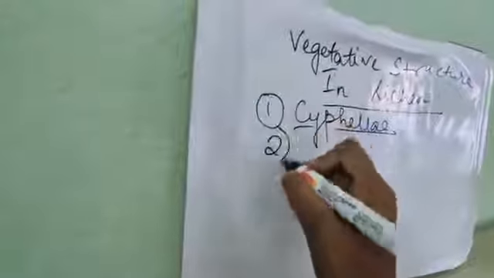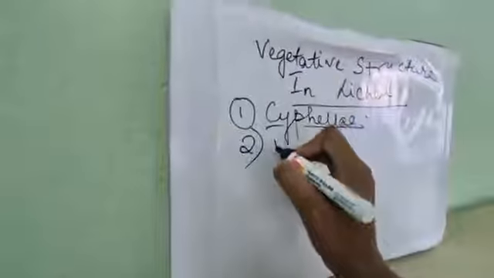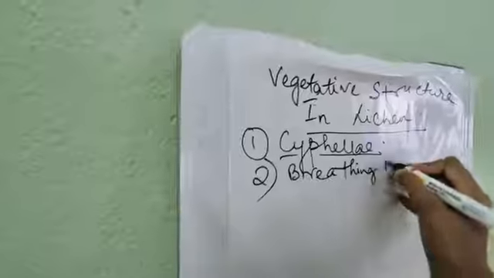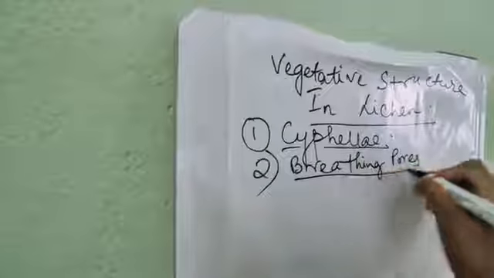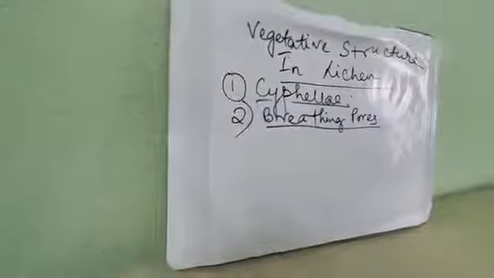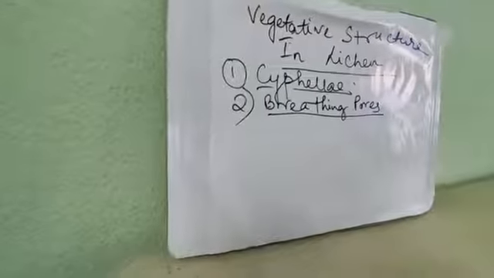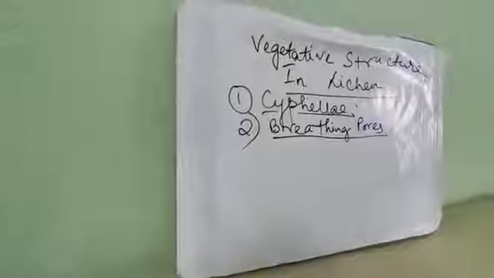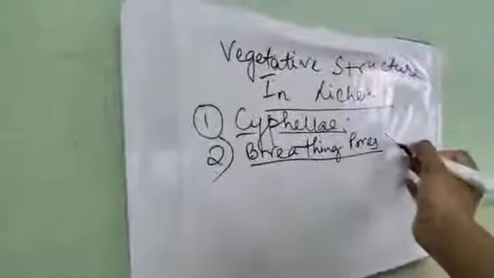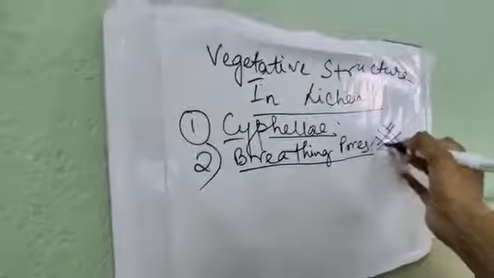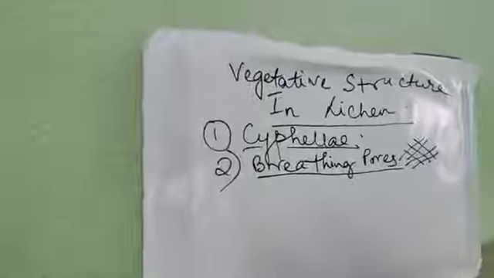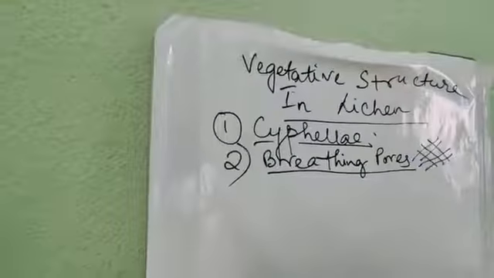Next, number 2 is breathing pores. By the name you can understand that breathing pores help in breathing, or gaseous exchange. It is also present in the cortical region, but it is interwoven. Interwoven means it's network-like, a net-like structure.